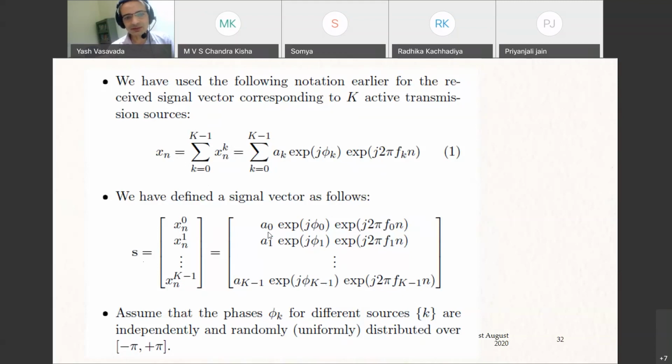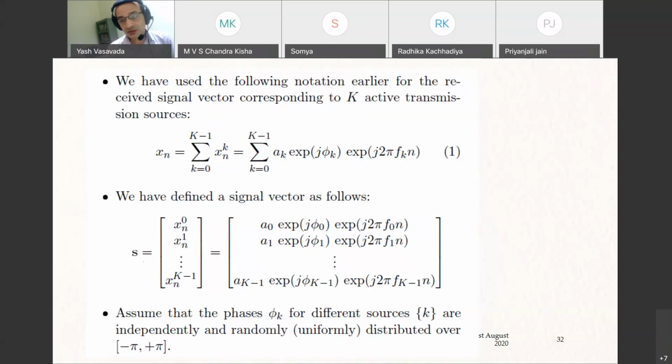In reality, even these A's are random also, F's are random also. But let us see how far we can go by assuming that these phases are all random across different transmitters. And this is a realistic assumption.